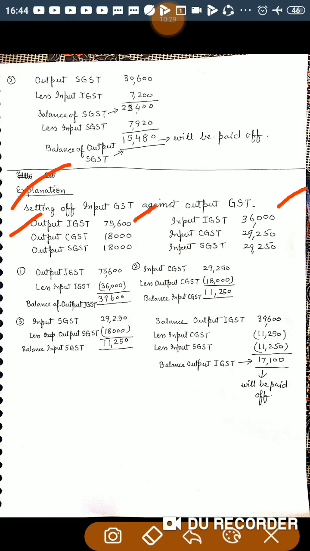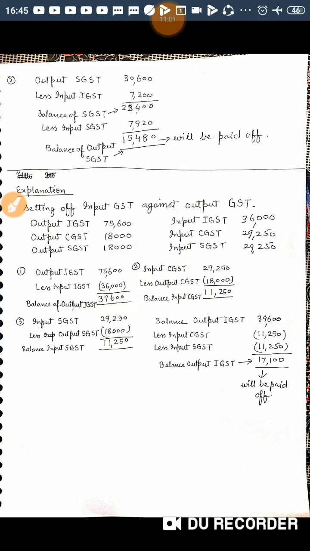So first of all, input IGST will be set off against output IGST. So output IGST balance is 75,600. We will deduct the input IGST 36,000 and a balance of 39,600 is left as output IGST, and this will be utilized for writing off input CGST and input SGST if required.